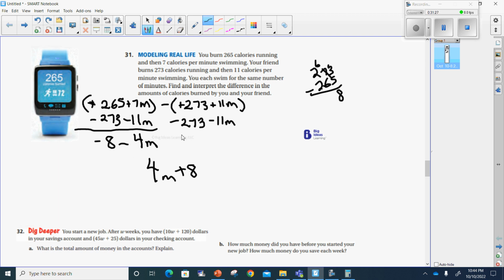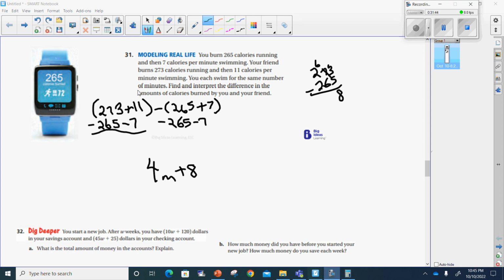And I know these are negatives. I should have taken the bigger number minus the smaller number to find the difference. So this should have been positive and this should have been negative. I hate to reverse everything on you, but I'm going to do it real quick while I pause the video. All right, I did the work. I put my friend's first because his number was bigger.